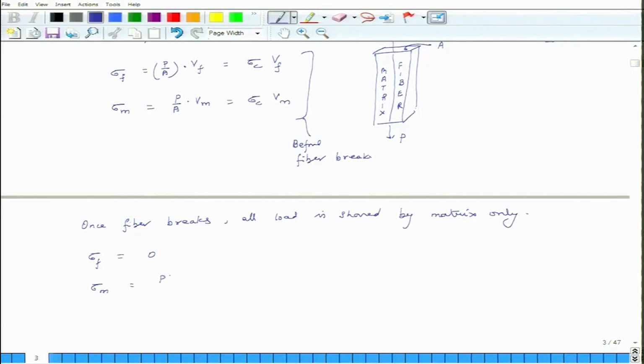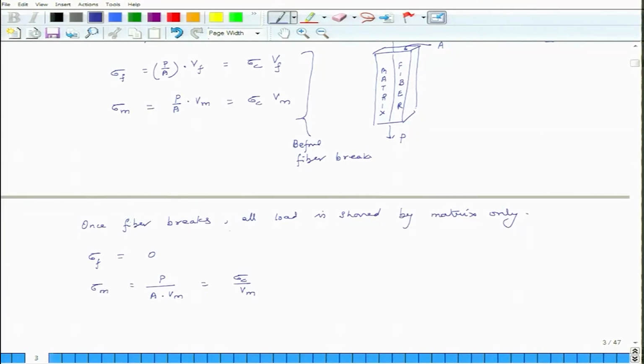Well, the total external load is force, and what is the area of matrix? Area times Vm, right? This is the area of the matrix. So, this is sigma C by Vm.